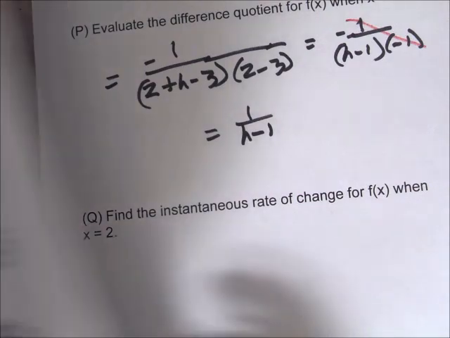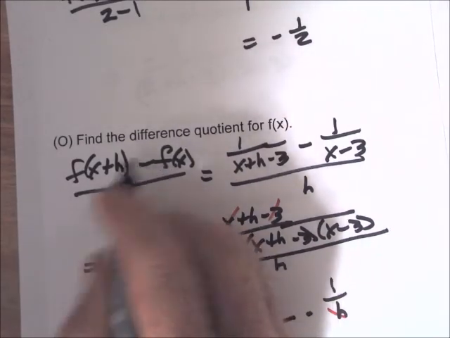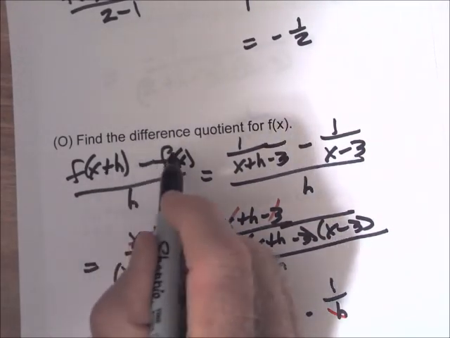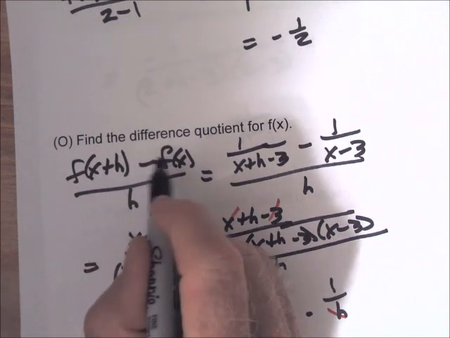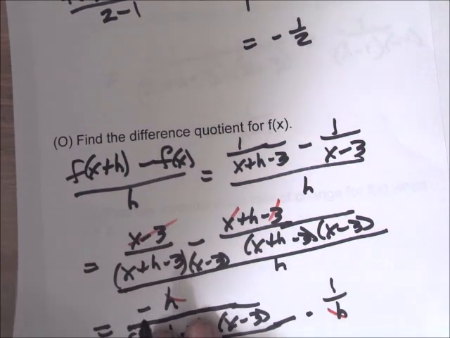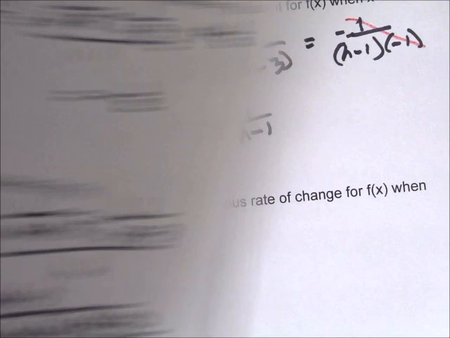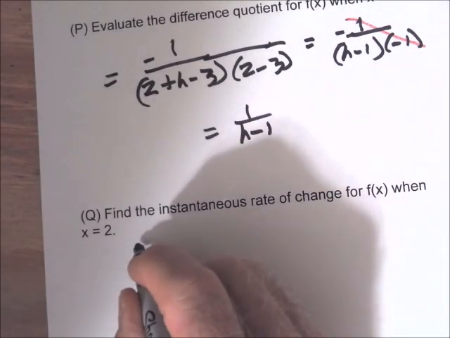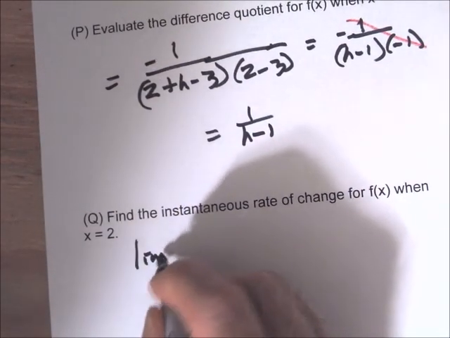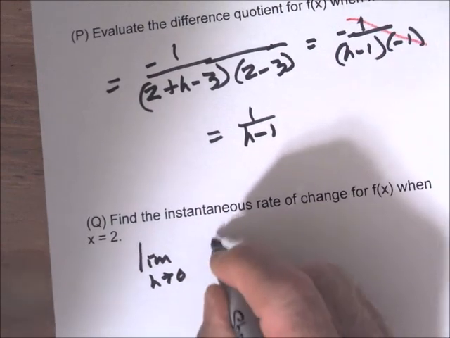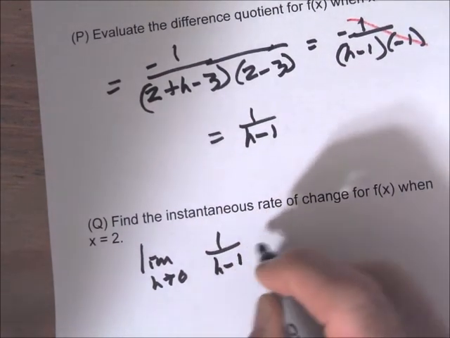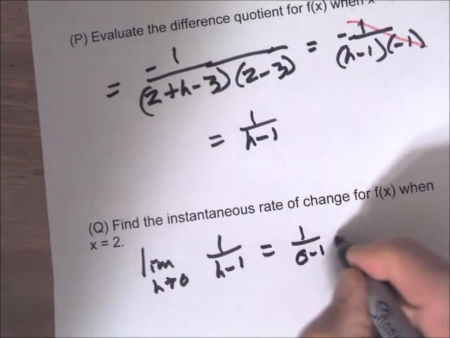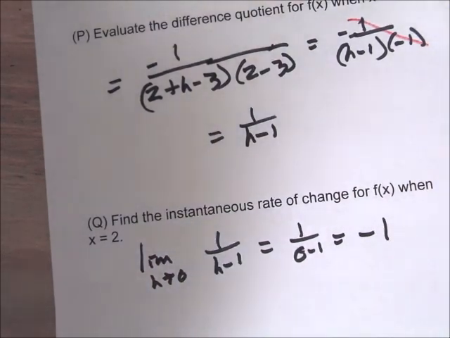As these points get closer and closer, the difference between the two points becomes 0. So we take the limit as h goes to 0 of 1 over h minus 1, which is 1 over 0 minus 1, which would be negative 1. So the instantaneous slope when x is equal to 2 would be negative 1.